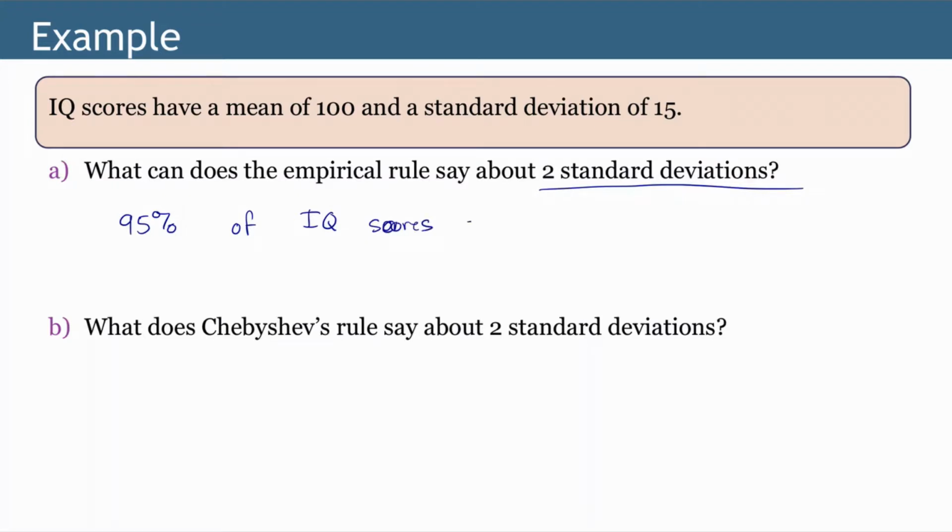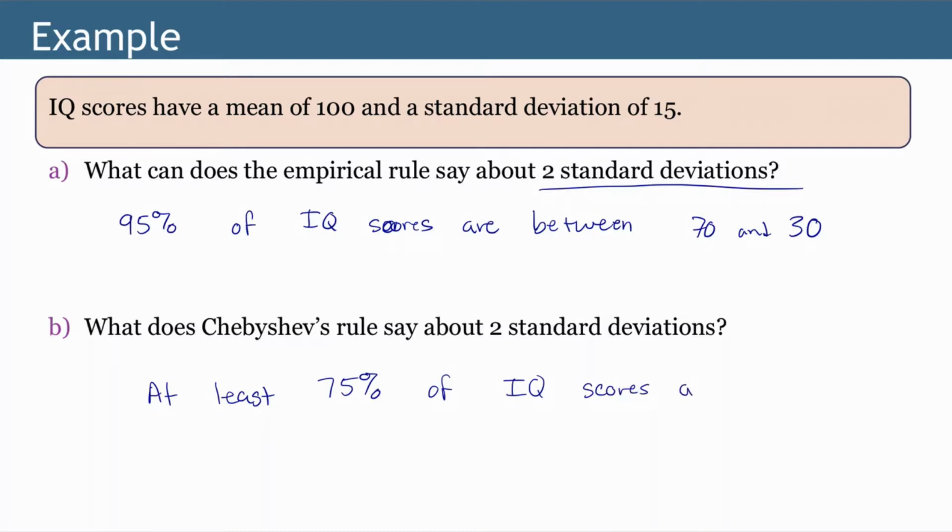scores, there we go, are between 70 and 130. And what does Chebyshev's rule say about it? Well, at least, from that last slide, 75% of IQ scores are between 70 and 130.